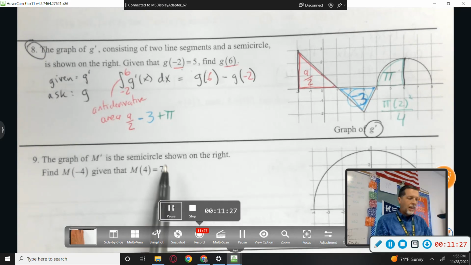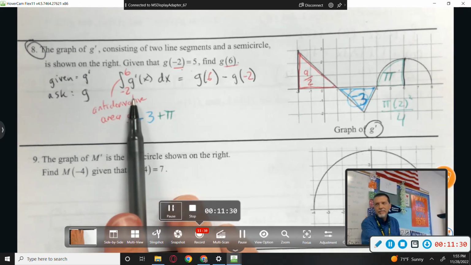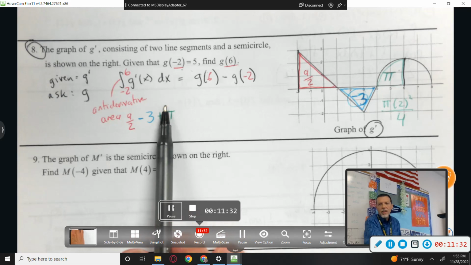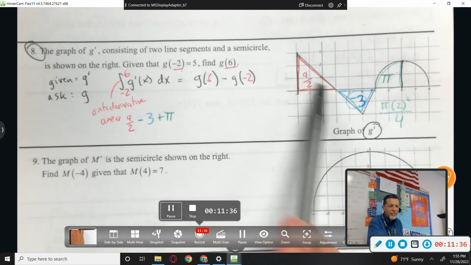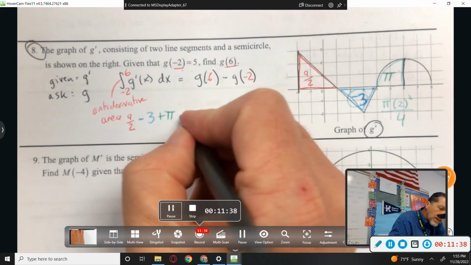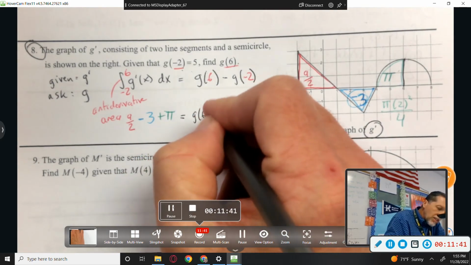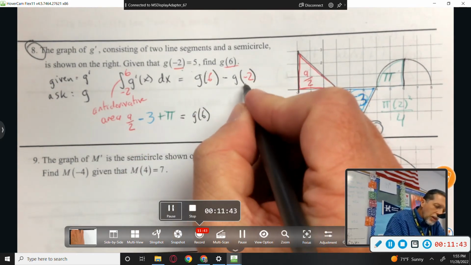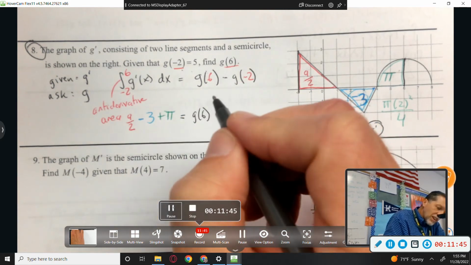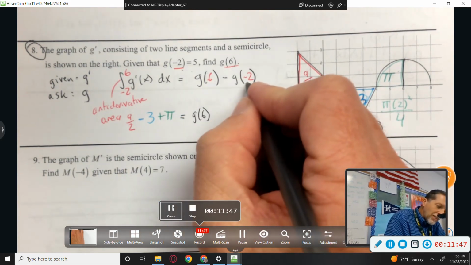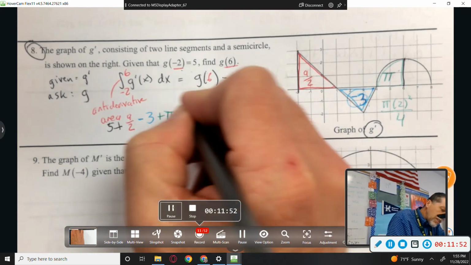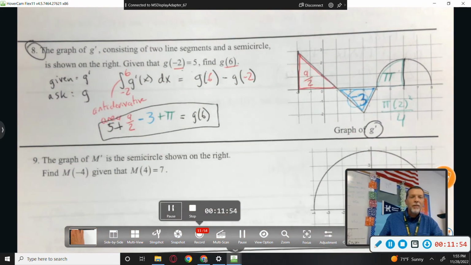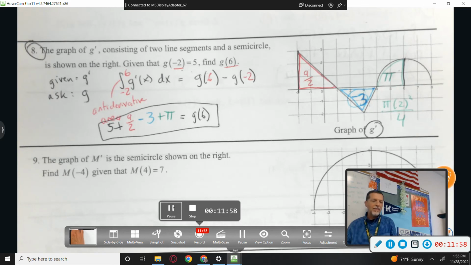So my antiderivative, not from an equation because I don't have the equation, but from my picture, from my geometry, is 9/2 minus 3 plus pi equals G of 6. Well, it's not a safe stop yet until I add G of -2 to the other side. So 5 plus. And then it's a safe stop. You could clean that up a little bit, but who wants to? We don't want to do that. Leave it as is.